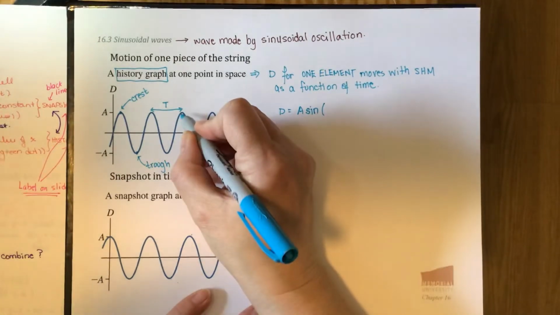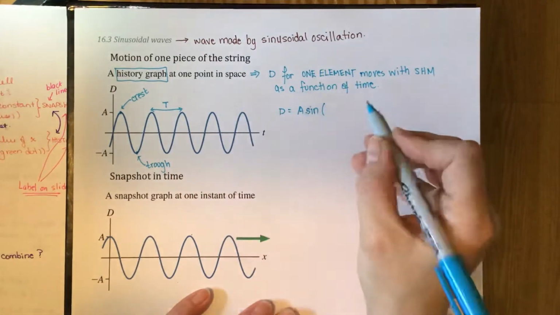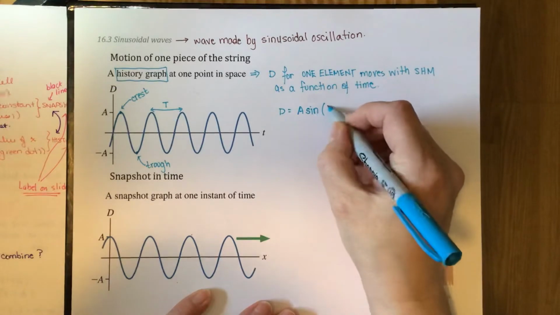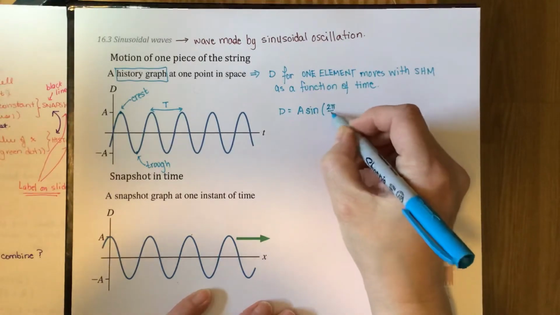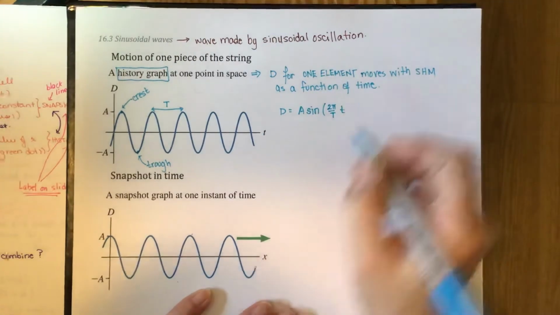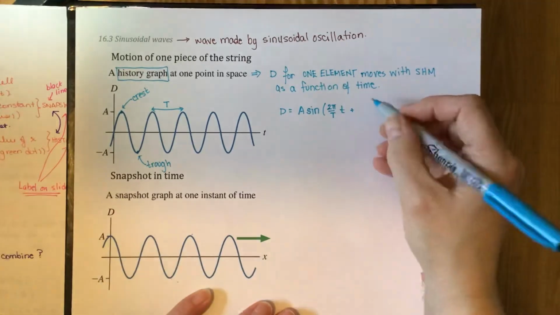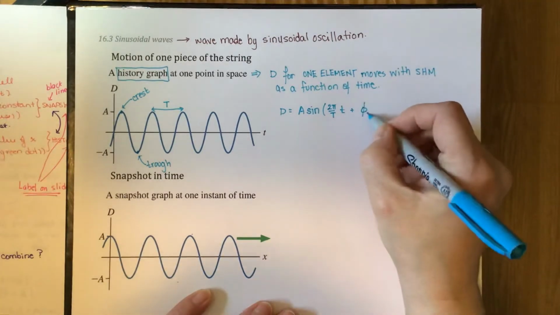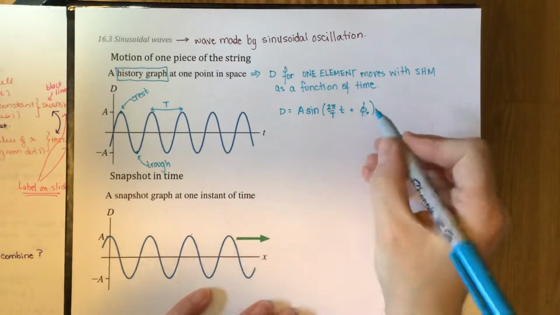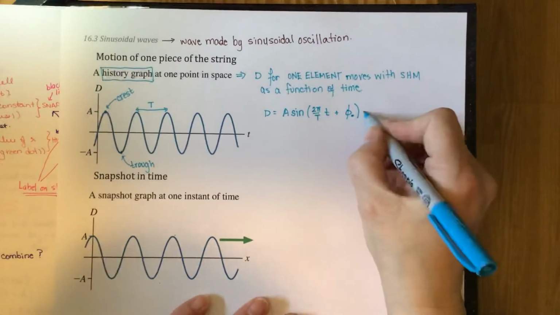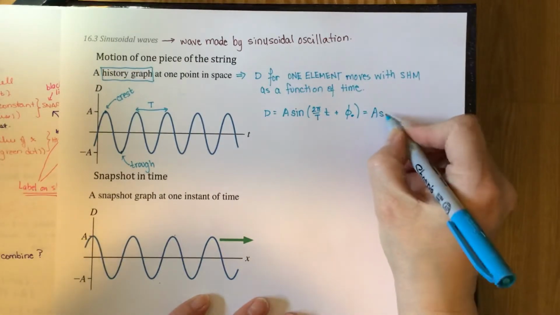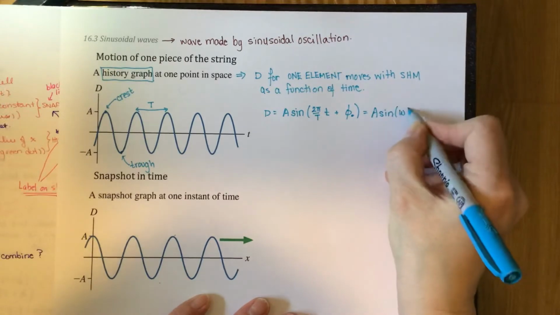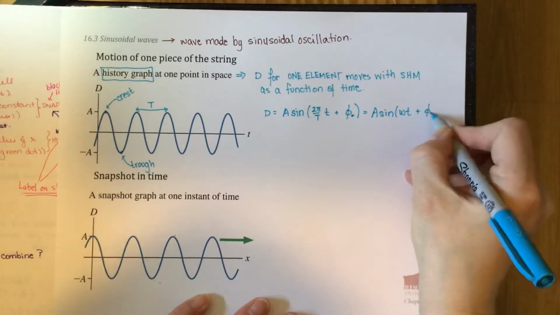It changes with a characteristic time of T, so our sine function will be 2π over T times the time, plus some phase constant φ₀. And this was also written as A sin(ωt + φ₀).